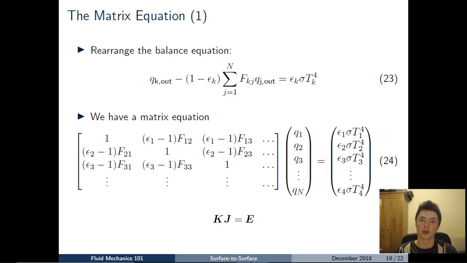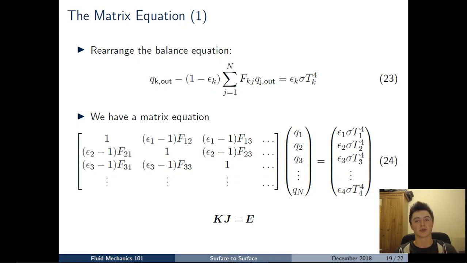And we also know what the right-hand side is, because we know the temperature of all of the surfaces in the mesh, and we got that from solving our energy conservation equation for conduction and convection in our previous iteration. What we do is solve that matrix equation for our radiosity vector J, and that gives us our radiative heat flux, which we can then apply as a boundary condition for our conduction and convection CFD equation.